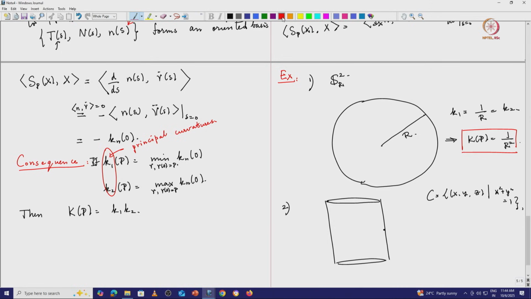So you can think of two types of curves. You can firstly think of a curve that is this circle, the circular cross section of the cylinder, or you can think of a curve that goes in this vertical direction. Now in the vertical direction, if you look at the normal vector which is pointing out here, as you move in the vertical direction the normal vector is not going to change. So the derivative of the normal vector in that direction is going to be 0.